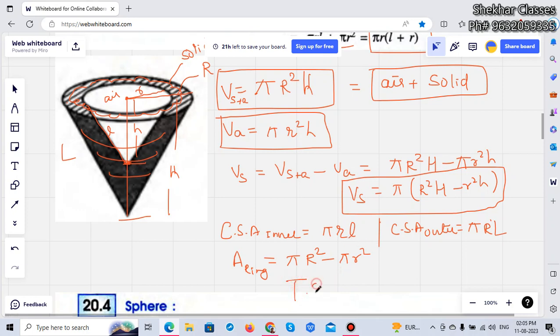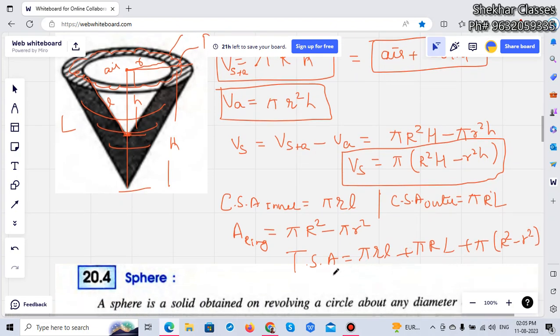Total surface area will be all of these: pi r l plus pi R L, and plus pi, I can take common, R square minus r square. Now pi is common in all of those, so you can take it common.